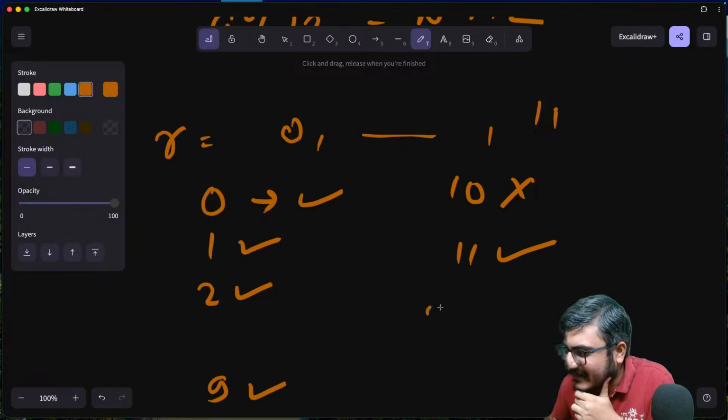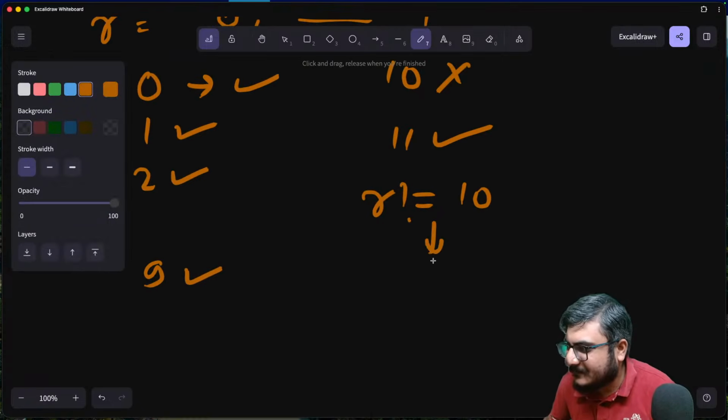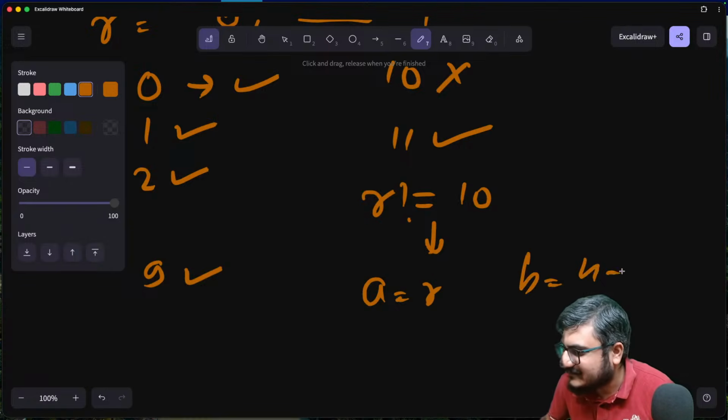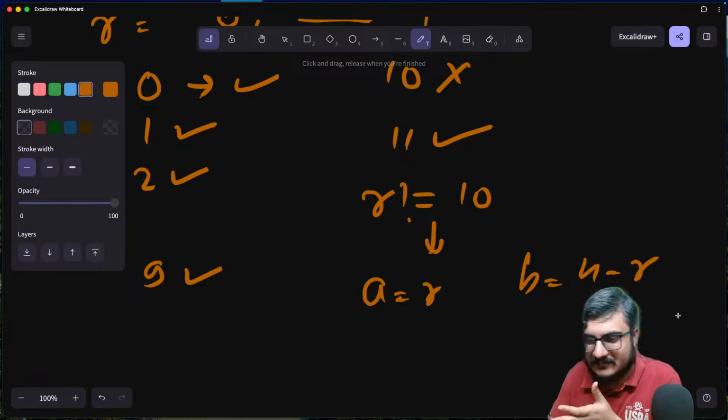So if this remainder is not equal to 10, then we can just print a equal to r and b equal to n minus r. So in most of the cases, you will find one value pair between 0 and 11 only.